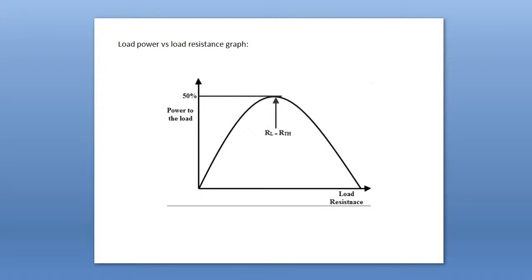Then what will happen? Maximum power deliver means your circuit will produce a maximum amount of heat. Power will be dissipated through load resistance as heat energy. So if your circuit produces huge amount of heat, then what will happen?